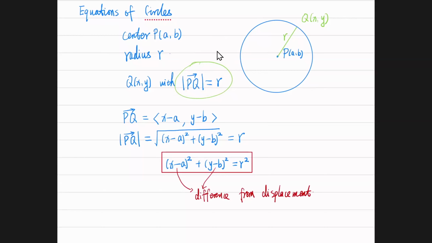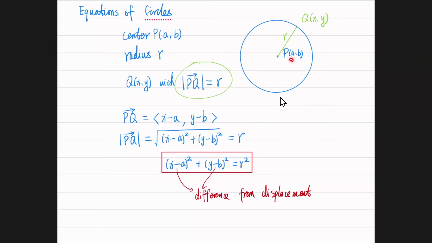How do we get displacements again? I just keep on forgetting. Displacement is change. So displacement from P to Q: from P to Q, the first coordinate changes from a to x.